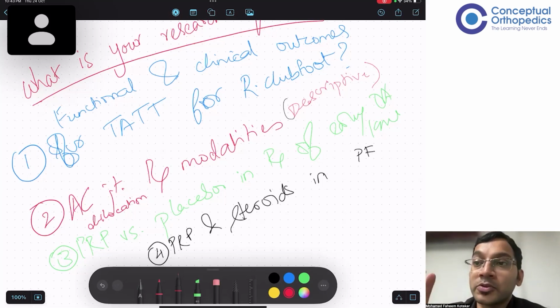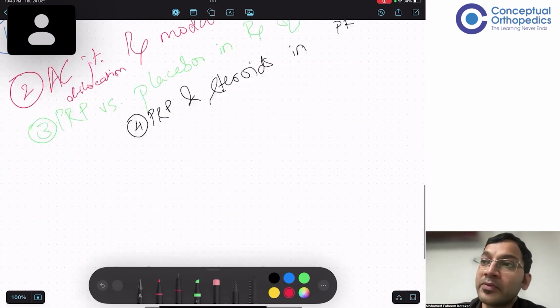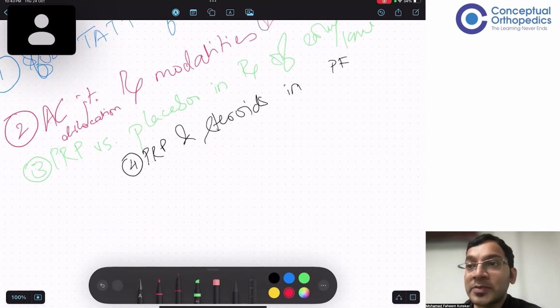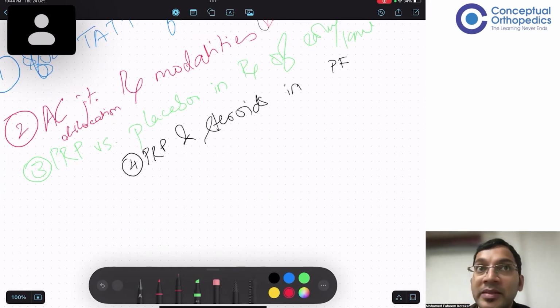Okay. So then come the last two, number 3 and number 4, where we are having PRP versus placebo or PRP versus steroids in the treatment of a particular disease. These are comparative studies, or interventional studies where you're going to intervene and tell how much benefit or how much loss was there with these particular problems.